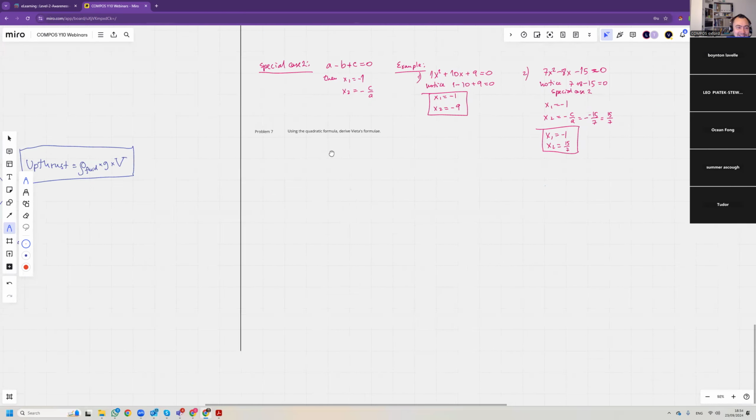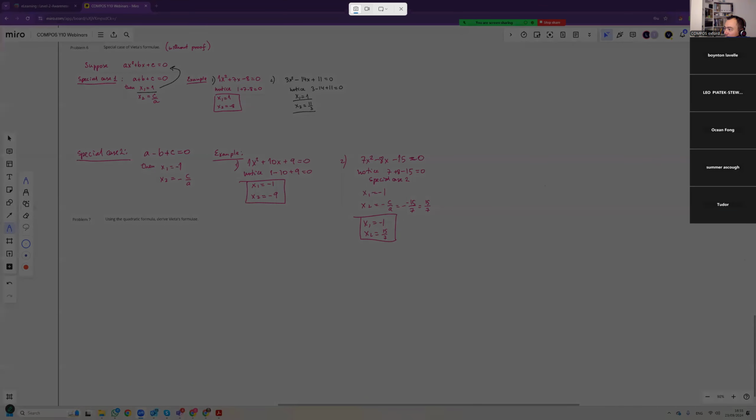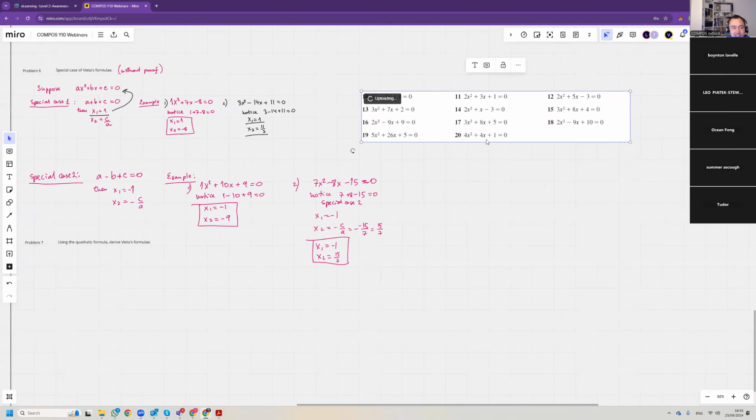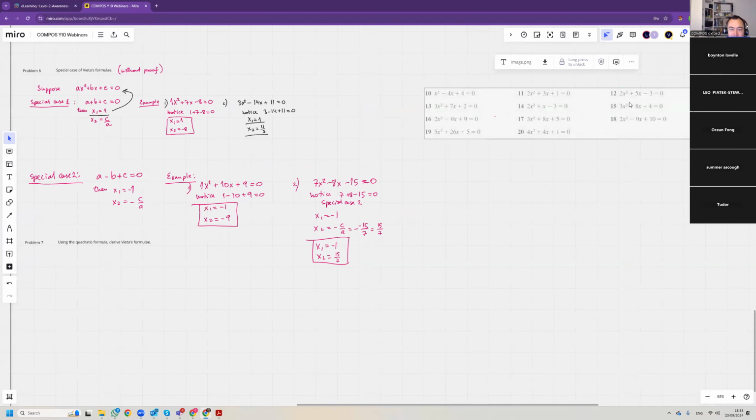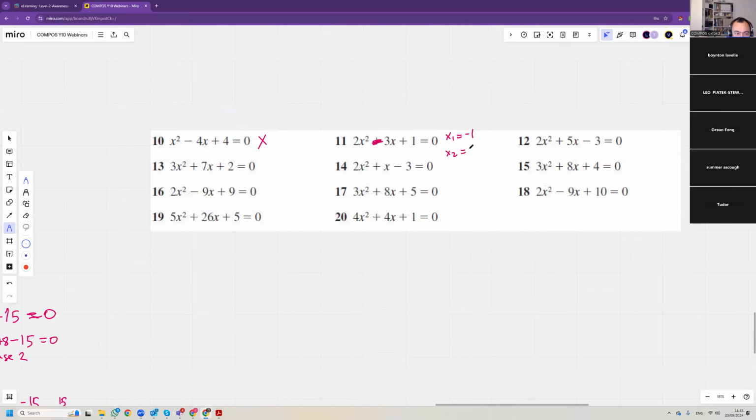Let's see if I'll just copy a random page from a textbook and see if we get any more. This is a GCSE textbook. Okay, so first one is no, not a special case. 2 plus 3 minus 1. Ooh, that's a special case. So x1 is minus 1, x2 is minus 1/2. Is that a special case?